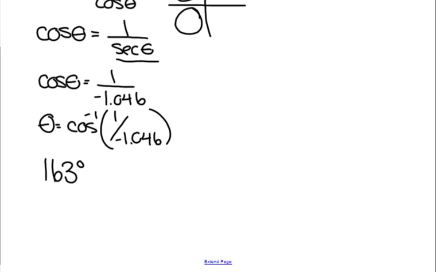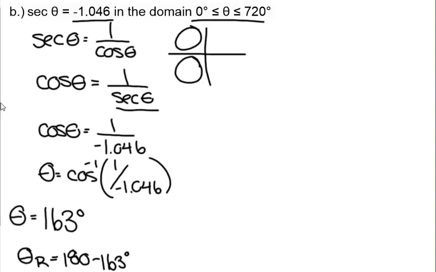Notice that would be one that's between 0 and 360, but we want to go between 0 and 720. Our reference angle then is 180 subtract 163, which is 17 degrees. So using that reference angle, we can find a bunch of different values. We've already got our 163. We also want 180 degrees plus our 17, which would be down here. That's 197.